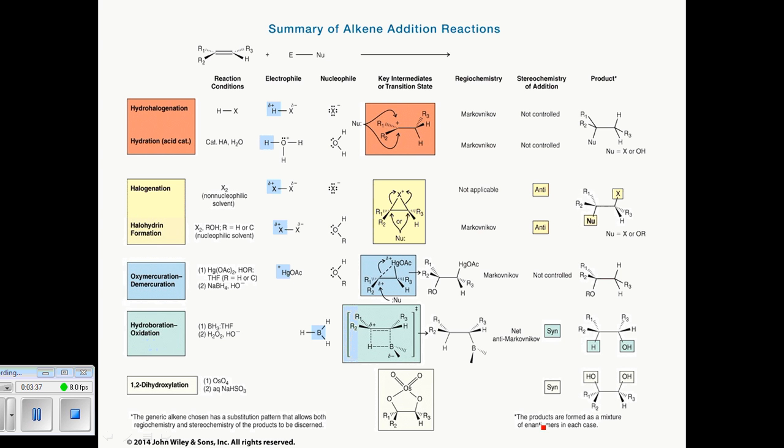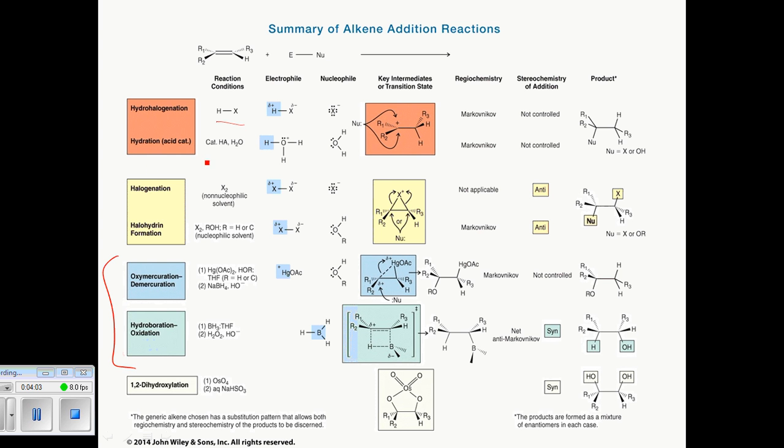So again, told you there's a lot of reactions in this section. Here's the summary from the back of the book, and we talked about making alcohols, which some of these show down here. But then there's also at the top the hydrohalogenation, so when we're adding basically a hydrogen and a halogen across the double bond.